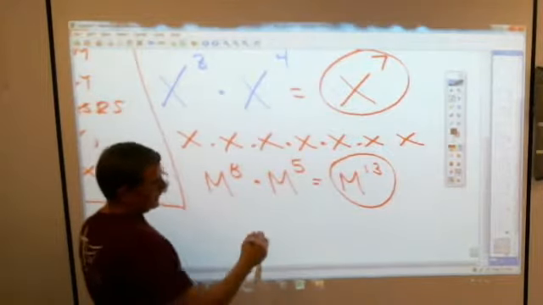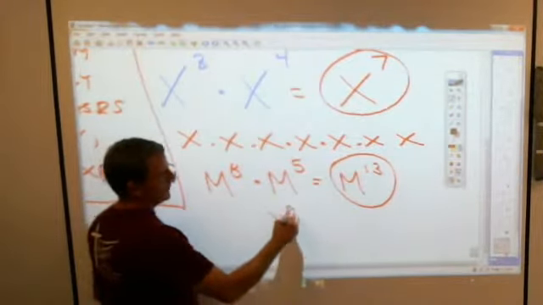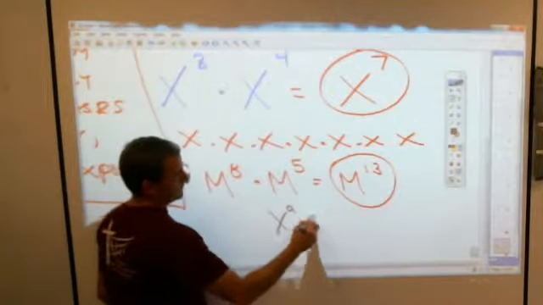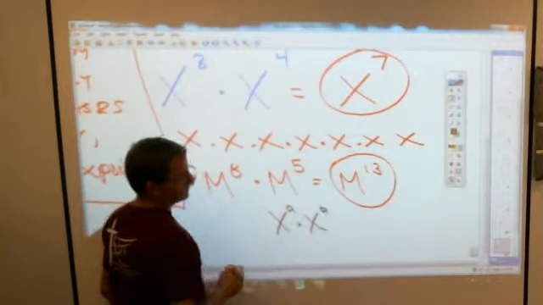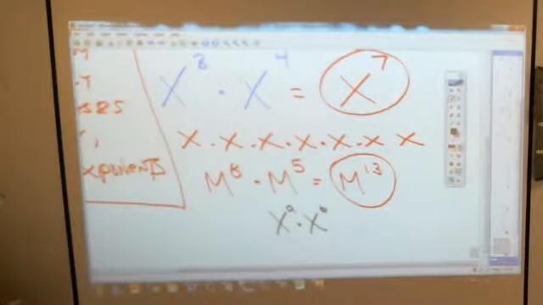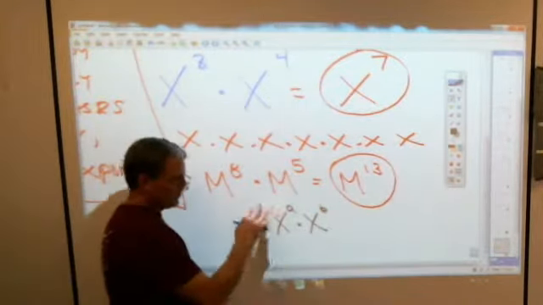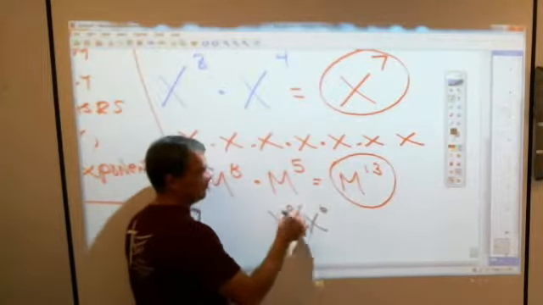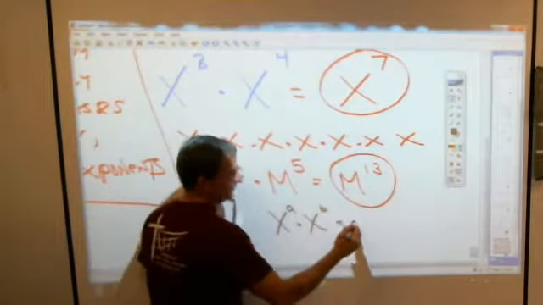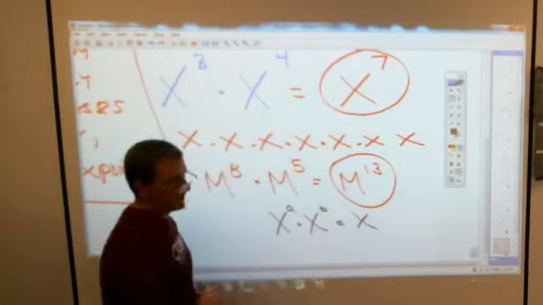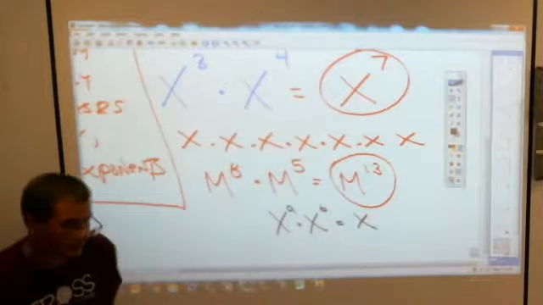Mathematically, math people would write it like this: x to the a power times x to the b power, because they want you to write down something that'll work for any number, and you can put any number for a and any number for b. What would that equal? X to the what power?